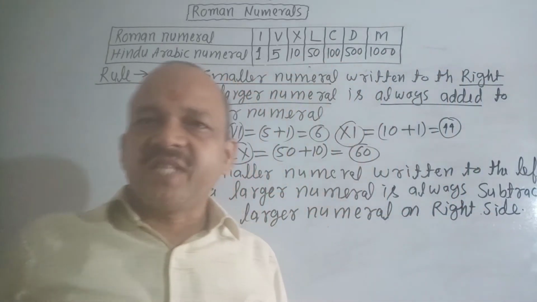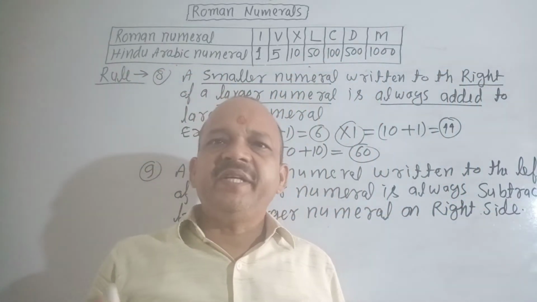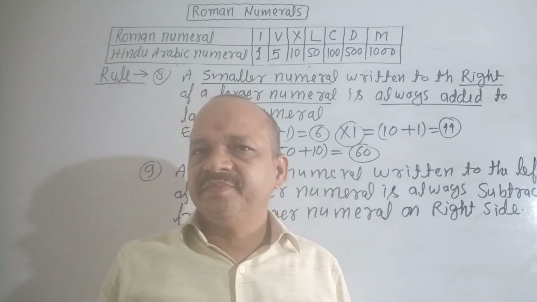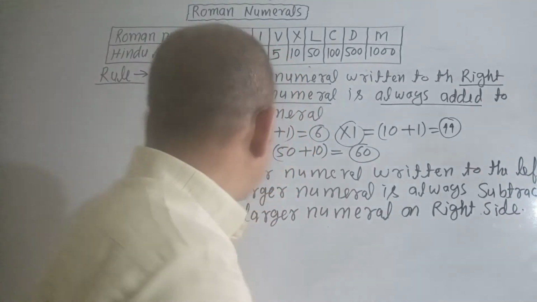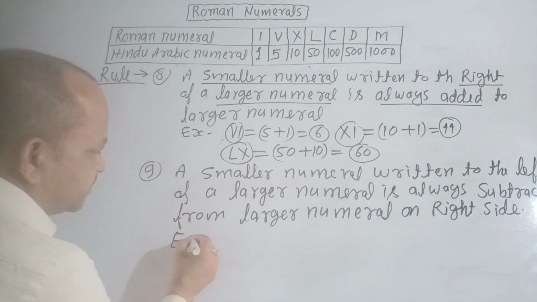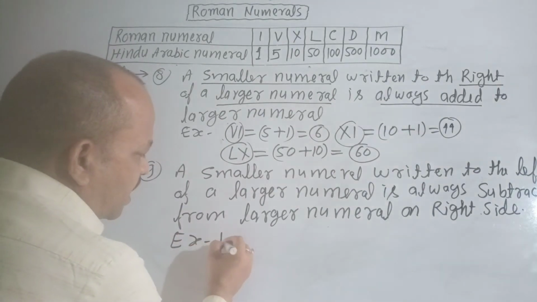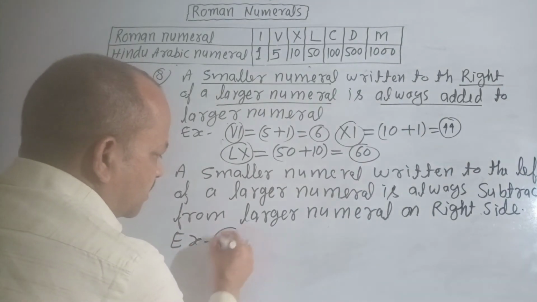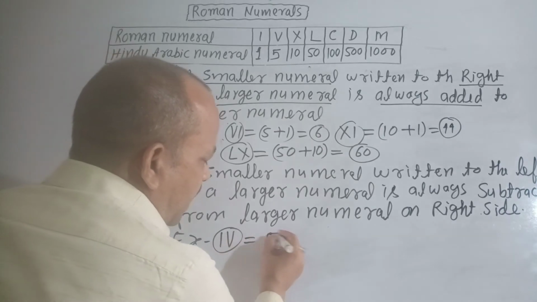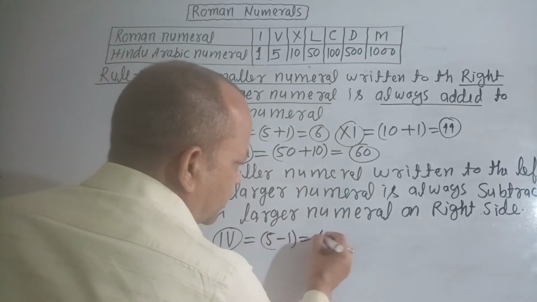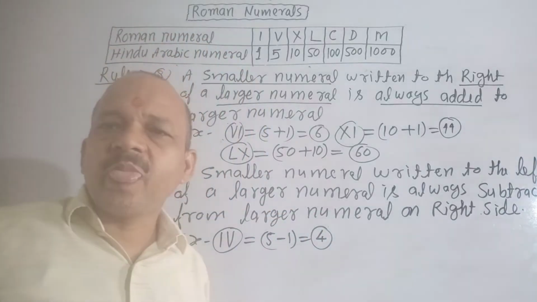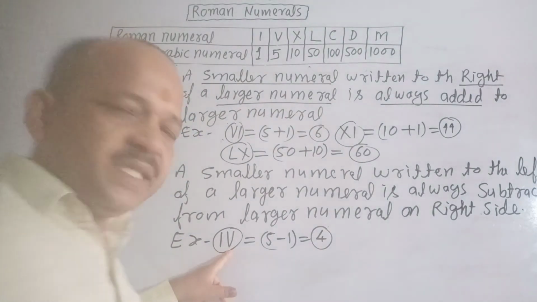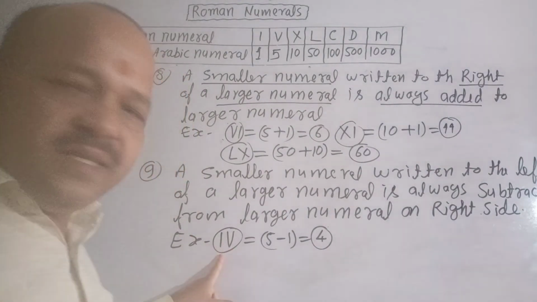Right side, you can take example IV. IV equal to 5 minus 1 equal to 4. Here V is larger, I is smaller.